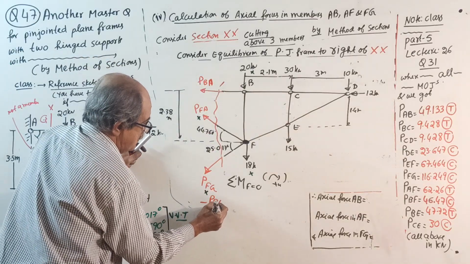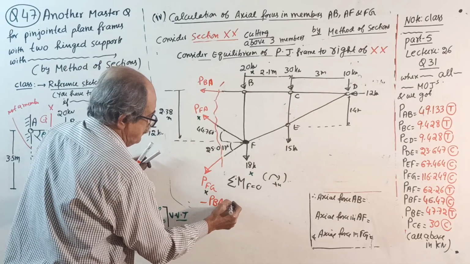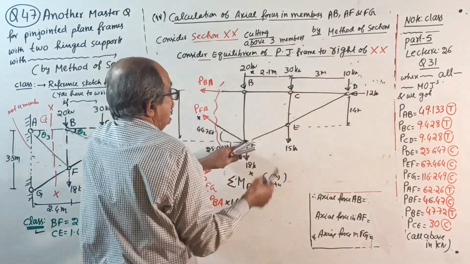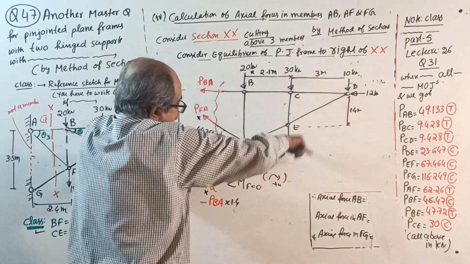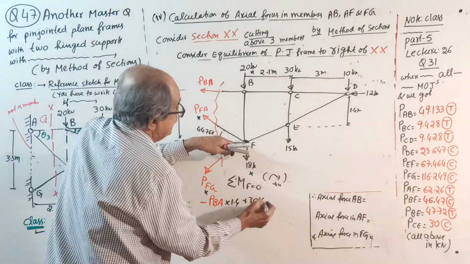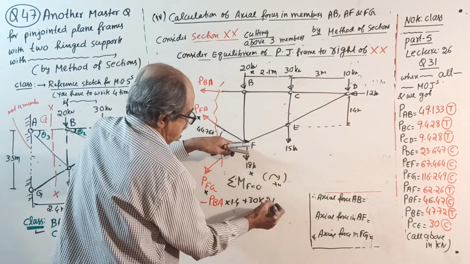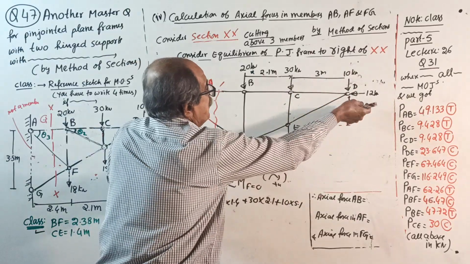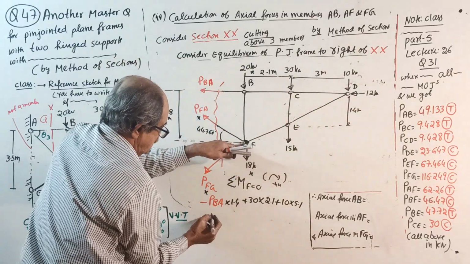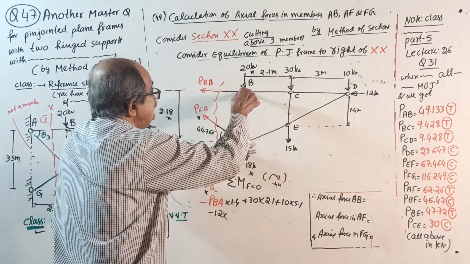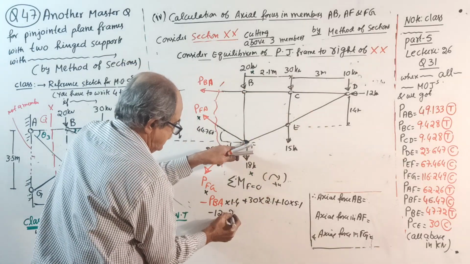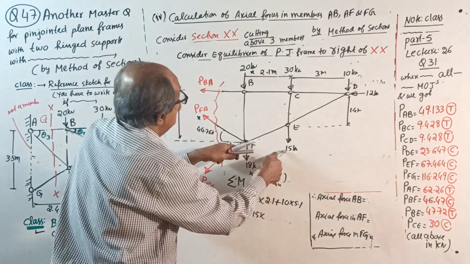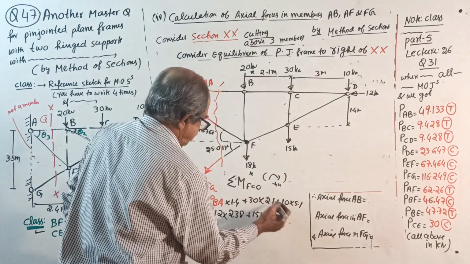minus P_BA into 1.4, anticlockwise. Then plus 30 into 2.1, plus 10 into 5.1, minus 12 into this height, that is 2.38, then plus 15 into 2.1 equal to 0.